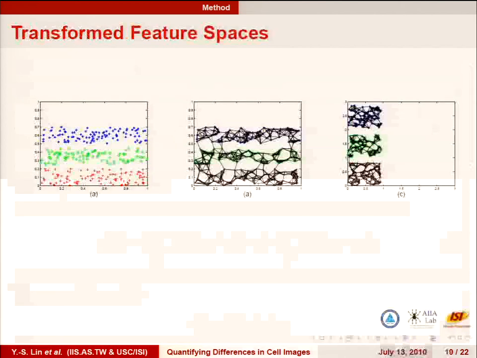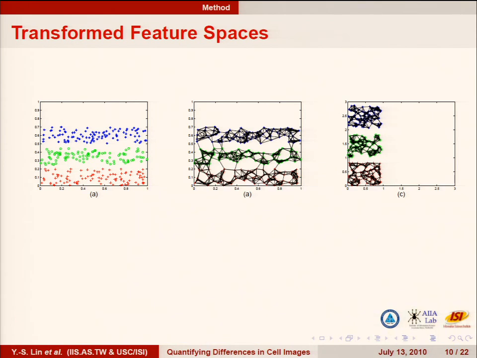Here I show you a synthetic example to show how this works. Each point represents an image, and here we have three different groups in a two dimensional space. We connect them to form a graph like this.